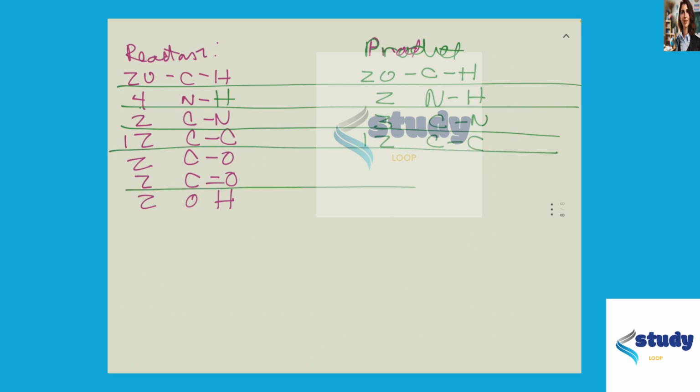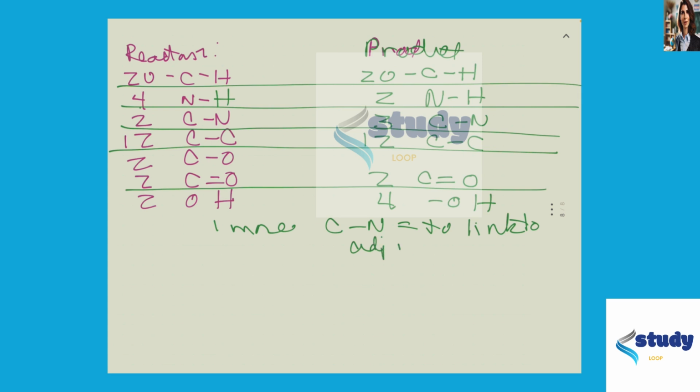My CO, I have 0. I have 2 C double bond O. I have 4 OH bonds. And I have another CN bond, one more CN to link to the adjacent monomer.